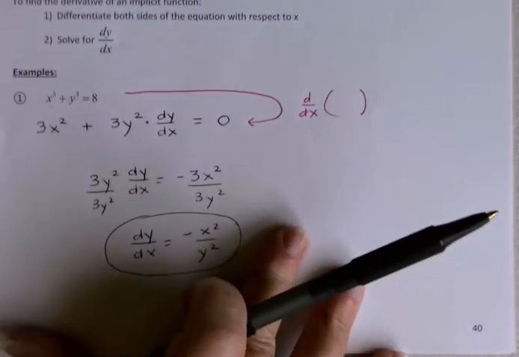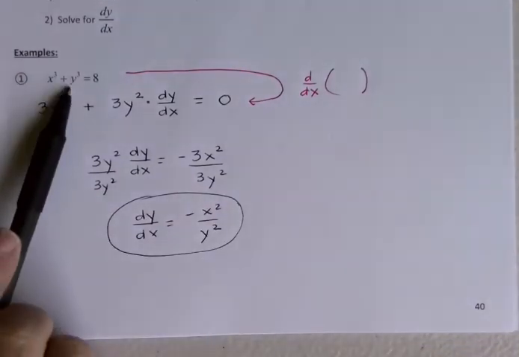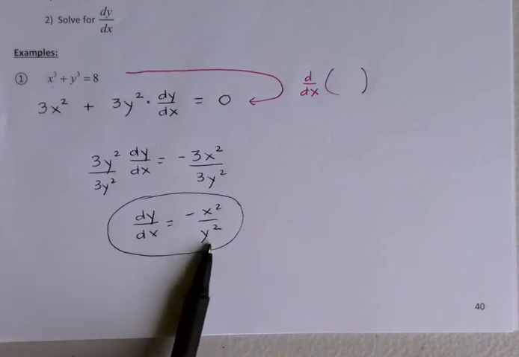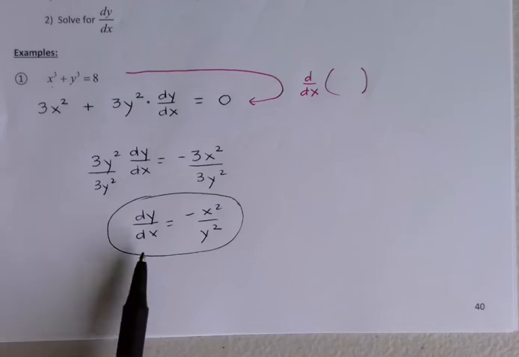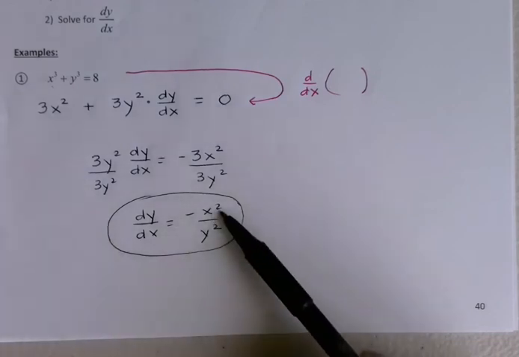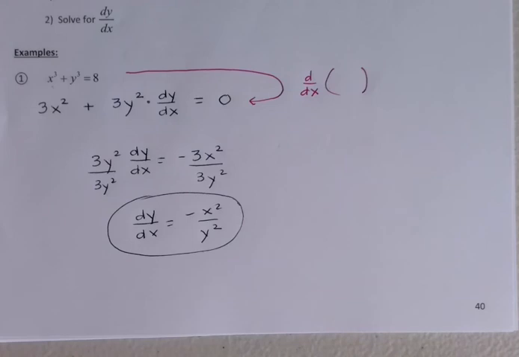Notice that when you take the derivative of an implicit function, your derivative will often contain both variables, x's and y's. There's usually nothing we can do about that for the same reason that it was implicit in the first place. Not a big deal. It just means that if you ever have to substitute in and get a value, like if you were thinking of this as a rate of change or the slope of a tangent line or something, you would have to have values for both x and y to sub in.